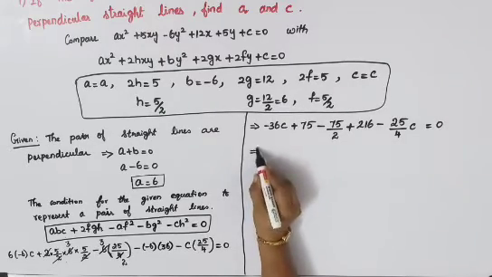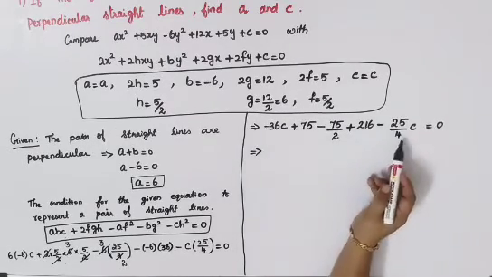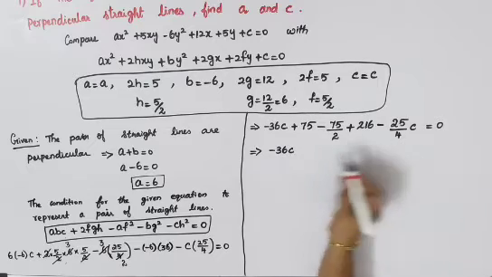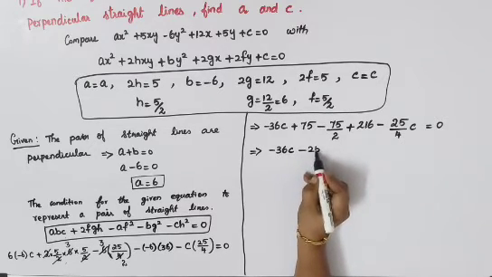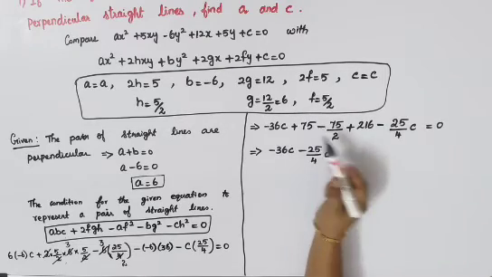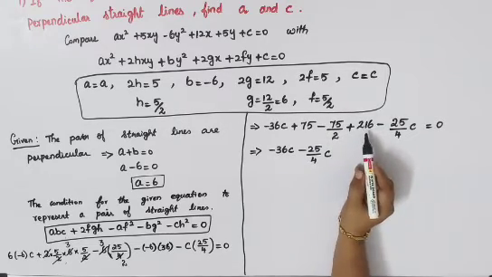So the next step of solving. We have got two C terms, we'll just take them together. So minus 36C and this is minus 25 by 4C. Now here 75 and 216 is there in addition.